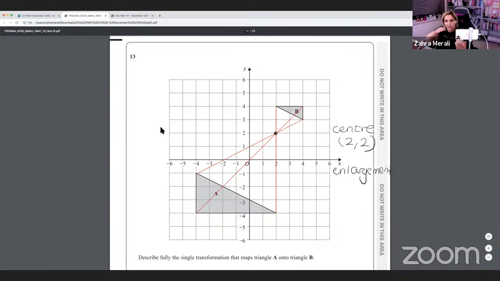Just write it. I flipped it, so I put a minus sign. And I say, how much smaller has it got? Well, this side is 3. This side is 1. So I've reduced it by a third, but we can double check.